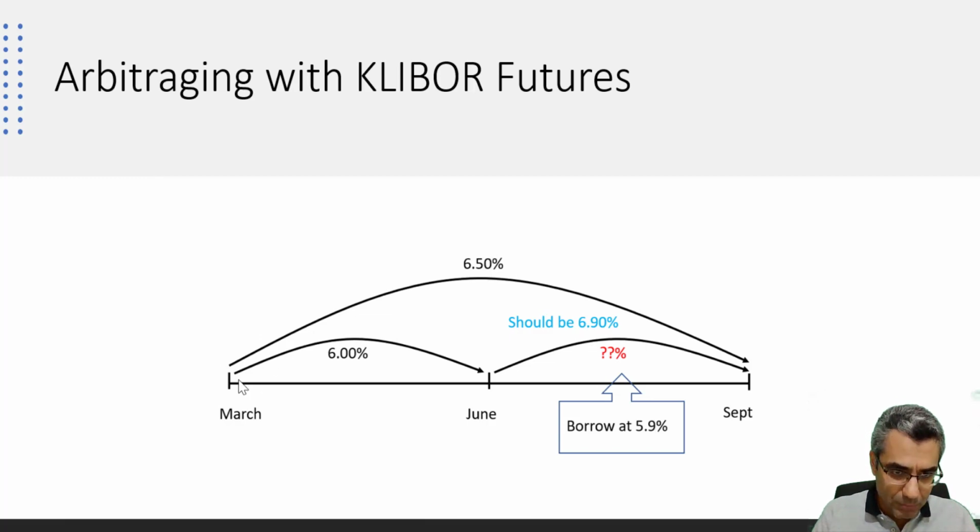So today you can check the interest rate on a 3-month debt instrument and a 6-month debt instrument. These are the information you can get from the market, right?